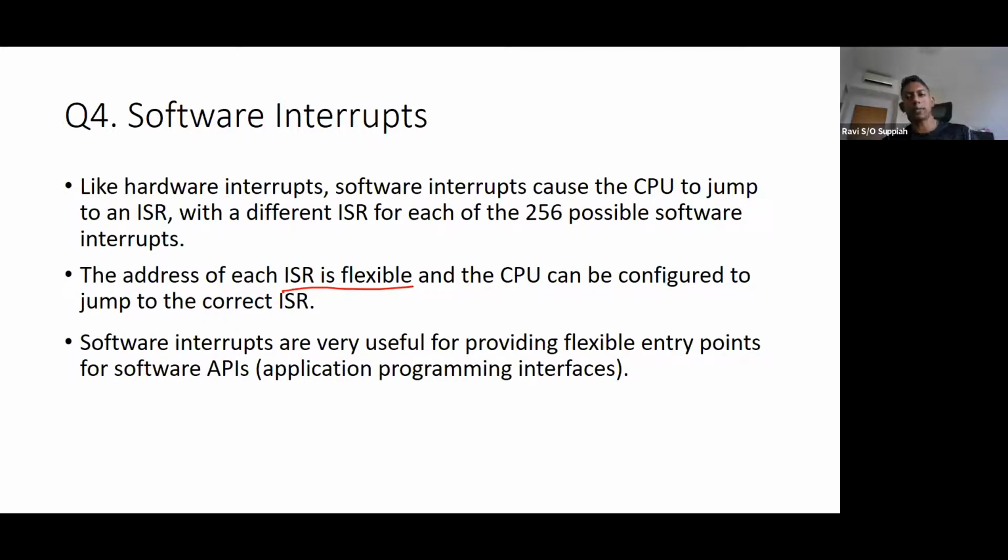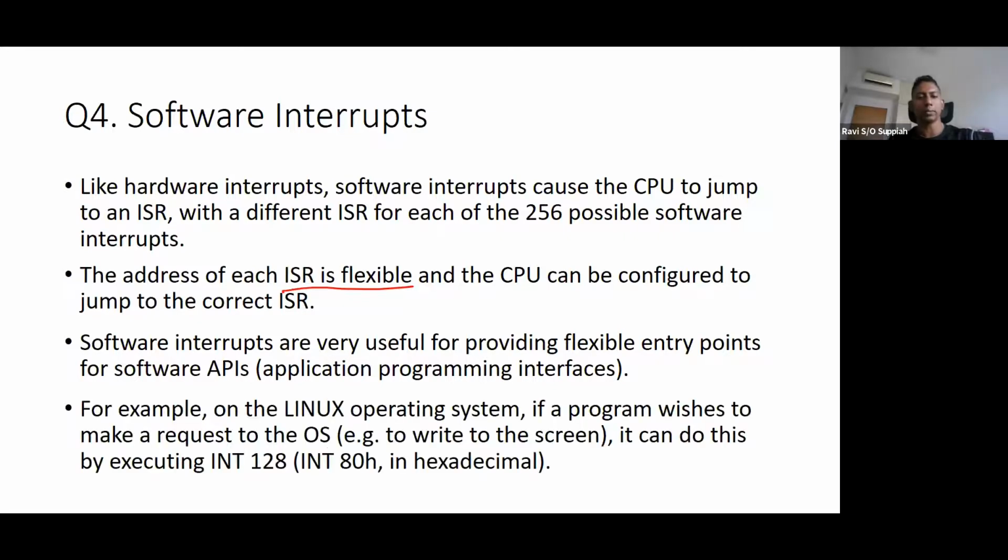Software interrupts again provide some flexibility for software APIs to use some of the resources that a CPU is providing. The processor itself may provide some resources, but they are requested through these software interrupts.